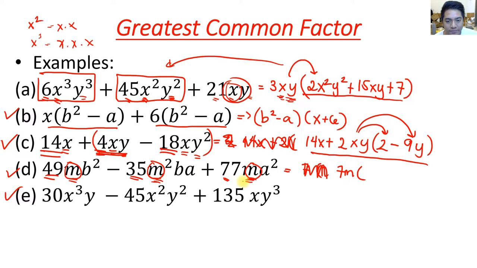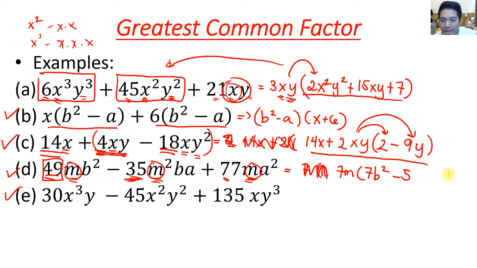So you have 7, and then 7m here, 7 times 7 is 49. And then you have b squared, so if you multiply 7m and 7b squared, that's 49mb squared, minus 35. What number when multiplied by 7 becomes 35? That is 5.